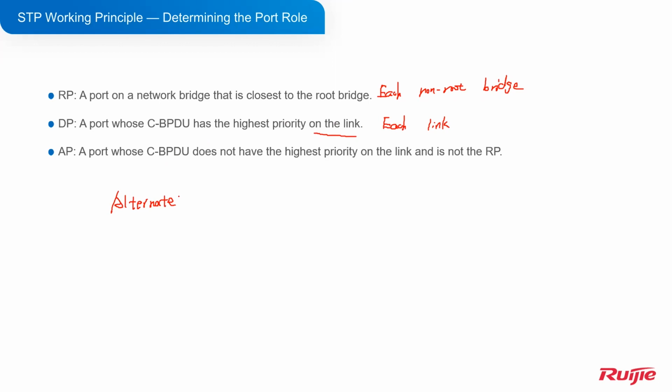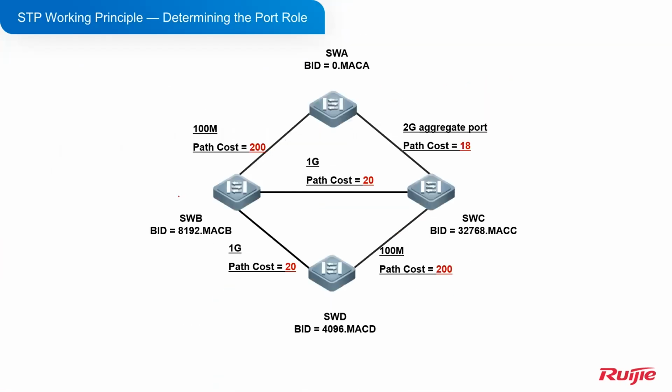From here, we know that the ports that are neither RP nor DP are alternate ports, AP, and will be blocked. Okay, after knowing the difference between these port roles, next let's see this example again.